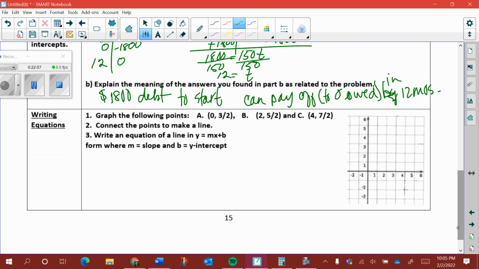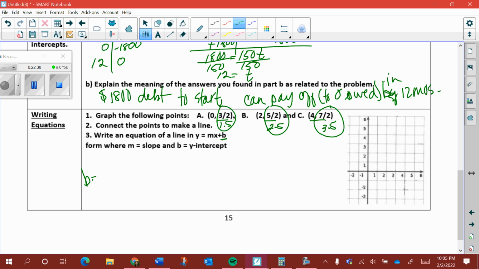Right, so now we're into writing equations. So we're going to write equations, and first thing I want you to do is graph each of these. Keep in mind that this is like 1.5, this is like 2.5, and this is going to be 3.5. That might make more sense to you, especially thinking about money. And then I want you to write an equation of y equals mx plus b. Remember, this is when x is 0.